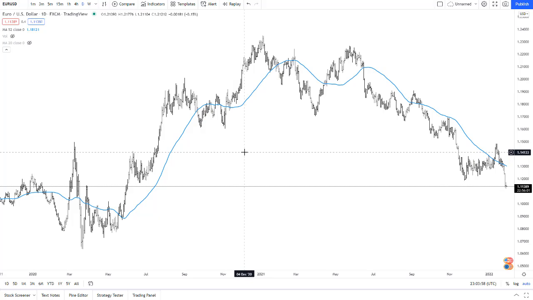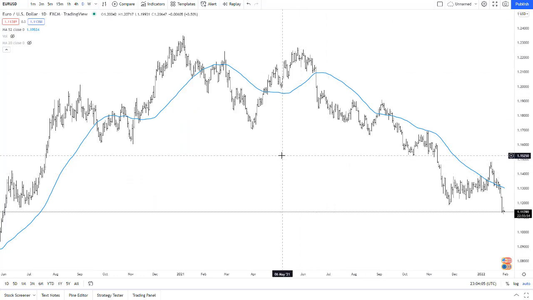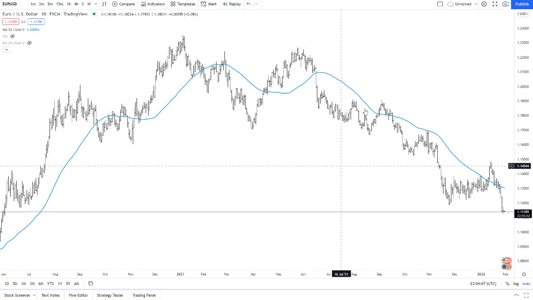But that's one side. The other side is I'm using it for momentum. If the moving average is strong in a direction, say it's going up, then we know there's strong longer term momentum on the upside.